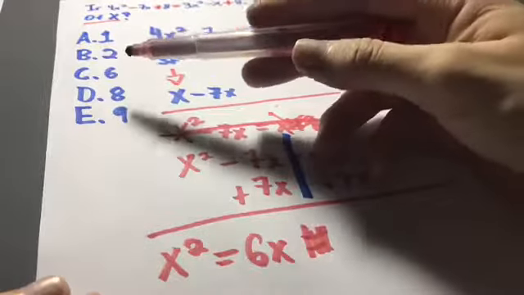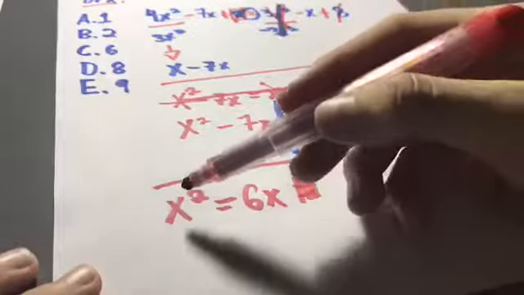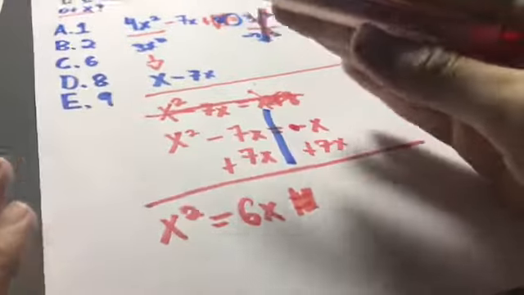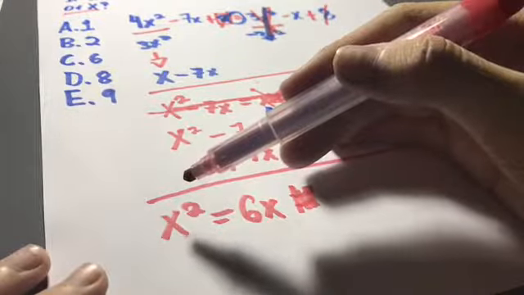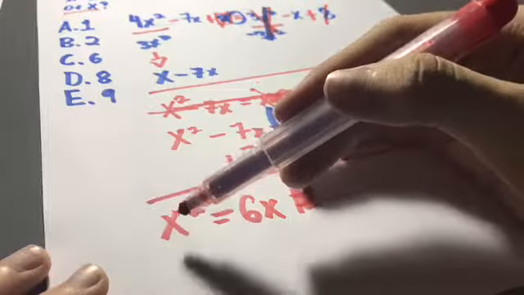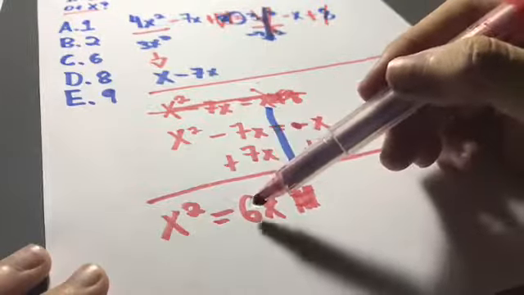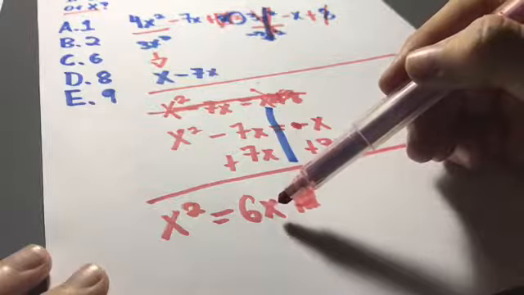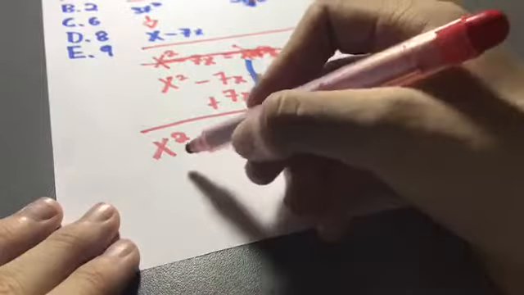C is going to be 6, so let's write 6. 6x, pretend it's 6, is x times 2 is going to be 36. And 6 times 6 is going to be 36 as well, because x over 2 and 6x are two different things.